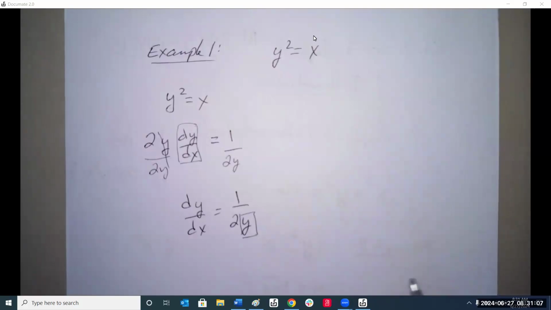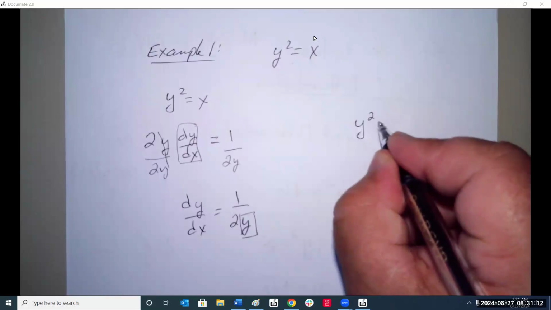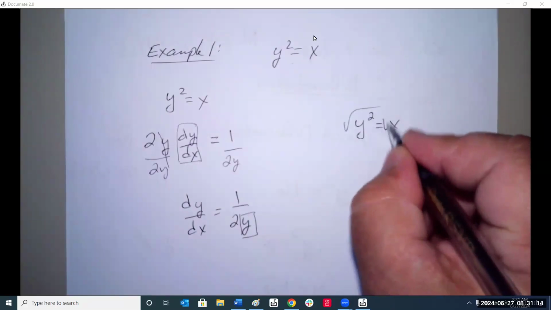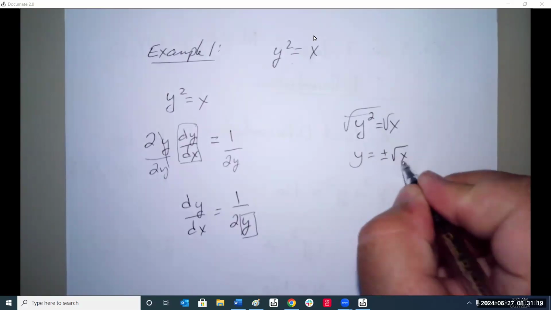But what is y? We have our equation over here. If we square root both sides, those cancel, so we get y equals plus or minus square root of x.